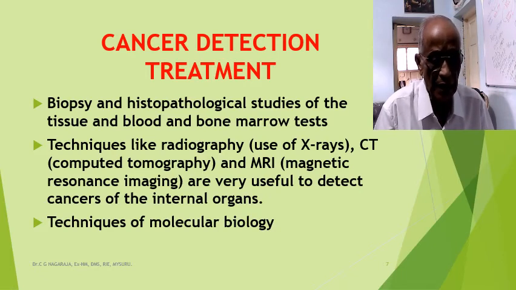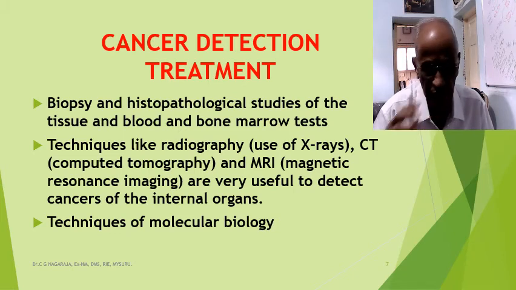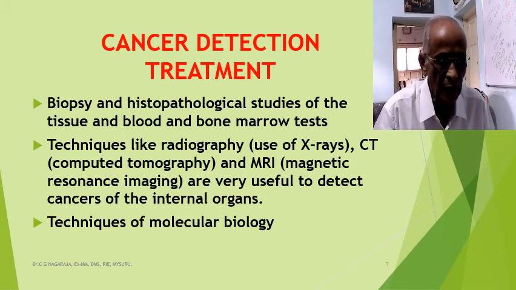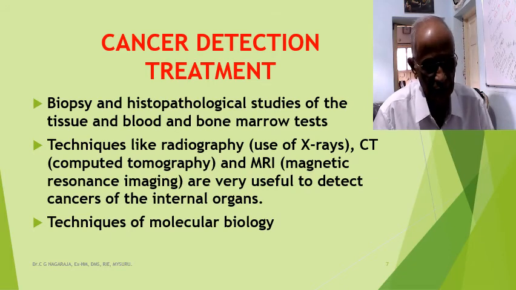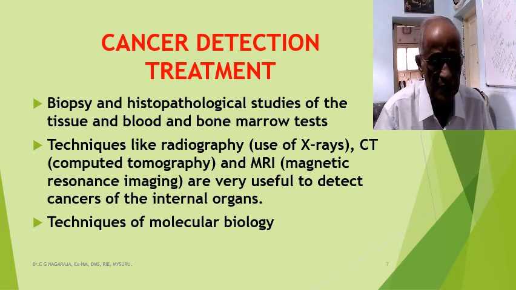Techniques like radiography, that is use of X-rays, CT scanning, called computerized tomography, giving the shape of the particular thing we are studying, and MRI, that is magnetic resonance imaging, are very useful technological tools in medical science today.